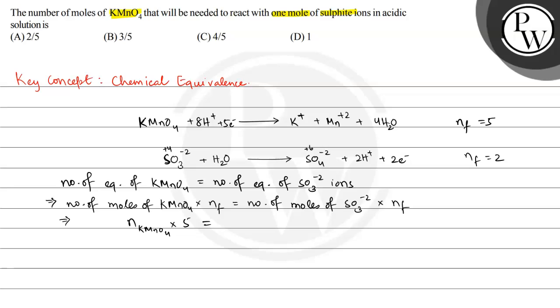So number of moles of SO3 minus 2 is 1 multiplied by NF for SO3 minus 2 ions is 2. So N of KMnO4 will be equal to 2 by 5. Alright. So this is given in option number A. So our correct answer over here is option number A, 2 by 5. This is the required solution and I hope you understood the concept well. Best of luck.